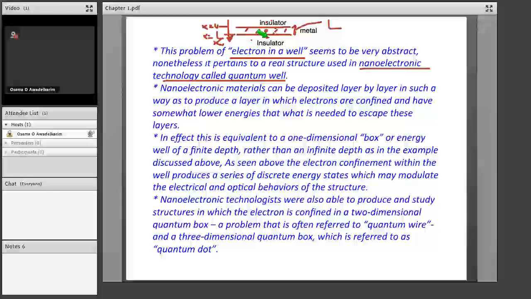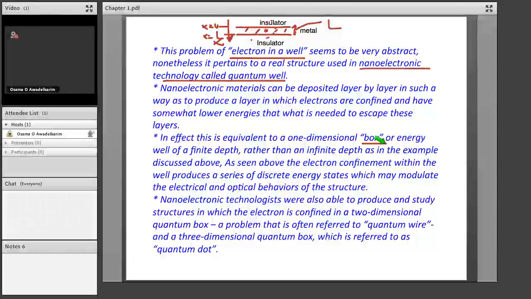And if these are perfect insulators, then it's like an infinite potential or an infinite quantum well. So you can actually make this quantum well in the lab. And if it's one-dimensional, you call it a quantum box.